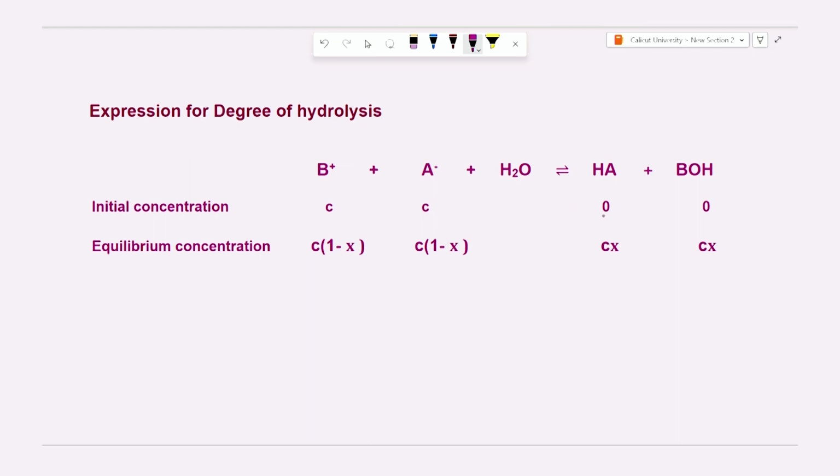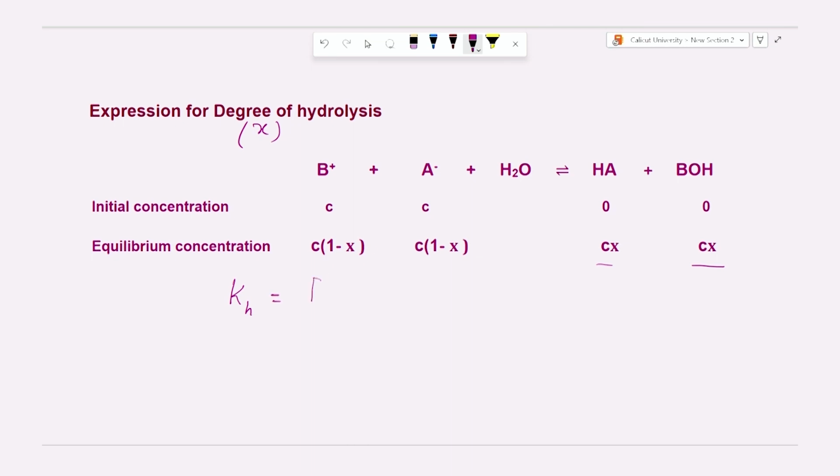In the initial state you do not have the concentration of HA and BOH, so they will be 0. At equilibrium when x is taken as the degree of hydrolysis, we have concentration of B plus as C into 1 minus x. Similarly, A minus will also be C into 1 minus x, HA will be Cx and BOH will be again Cx.